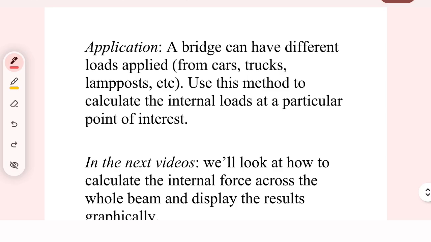So yes, when you design structures, there would be different types of loadings acting on the structure. So you need this convention of signs, positive and negative, the direction of the forces, in order to design the structure.